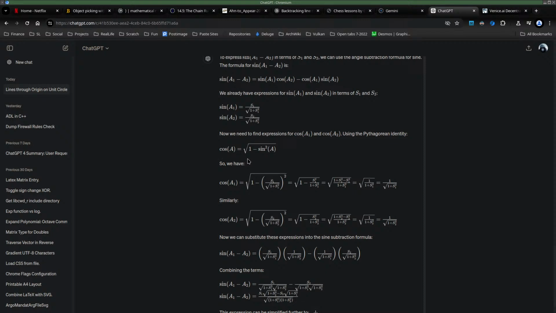Cosine a is the square root of 1 minus the sine squared a. Yeah, I guess we have to do that.